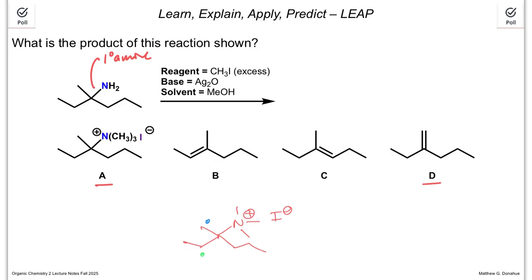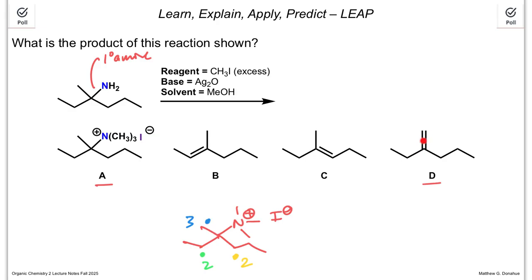So if we examine the carbons next door, there's 3 of them now. And then we say there's 3 hydrogens there, 2 there, and 2 there. So again, the elimination is going to come from the carbon with the most hydrogens. And so that means the double bond has to be right there.